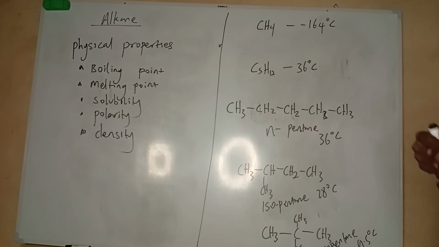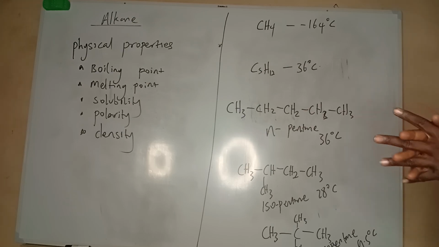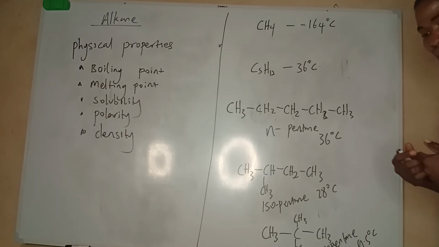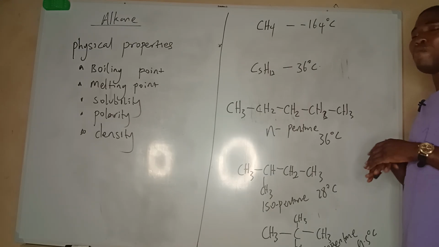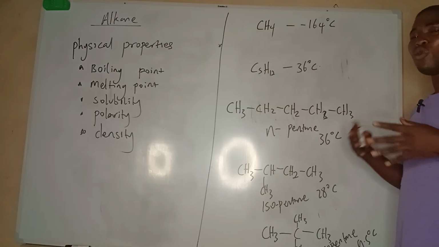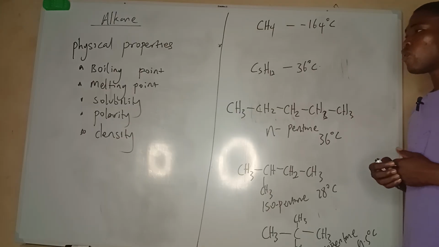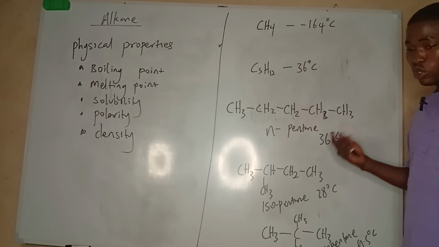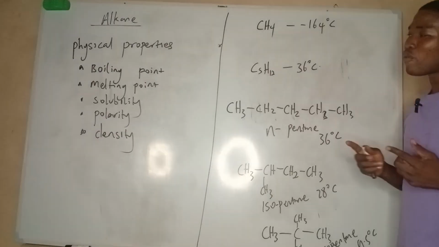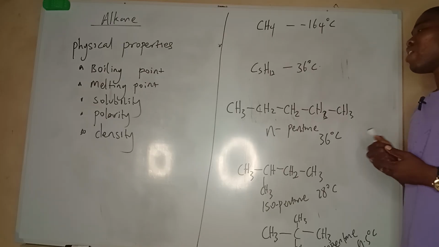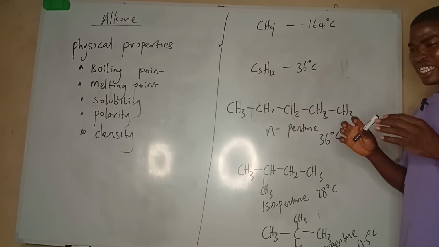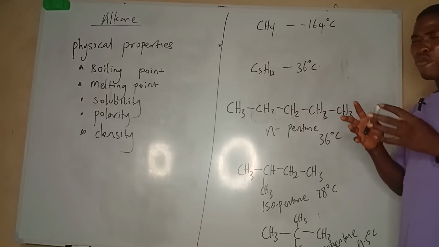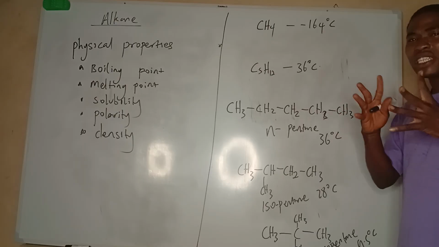Now, alkanes in general are usually insoluble in water due to polarity. They are weakly polar or non-polar, so they don't have good solubility in water, but they dissolve in solvents such as toluene, ethers and benzene, because those solvents are also non-polar. As you know, in the rule of solubility, like dissolves like, that's the primary rule. Because alkanes are weakly polar, they exert weak van der Waals forces that can also affect their stability.